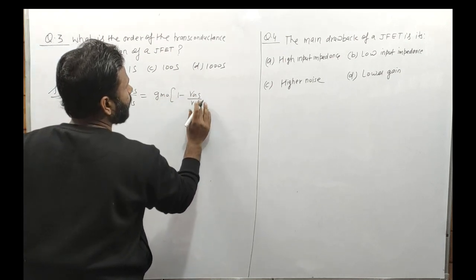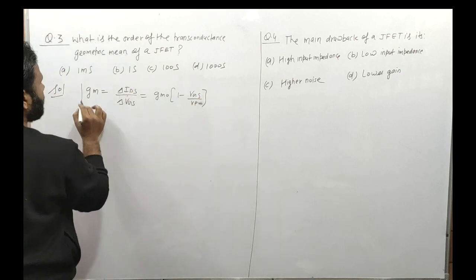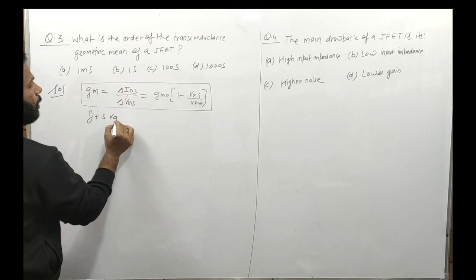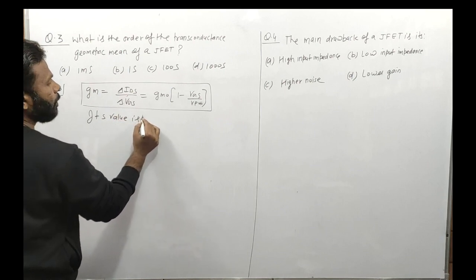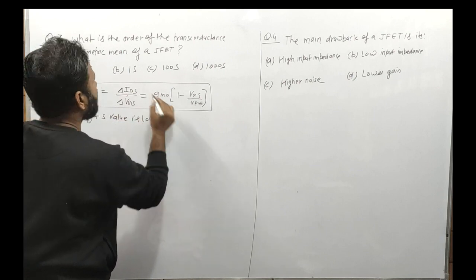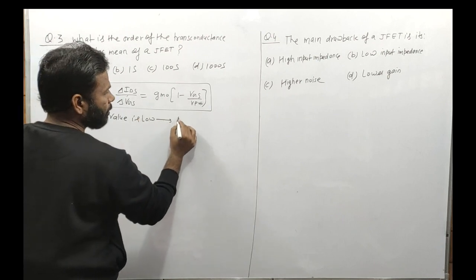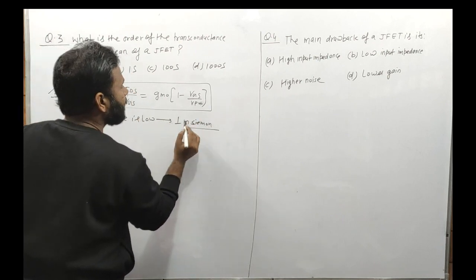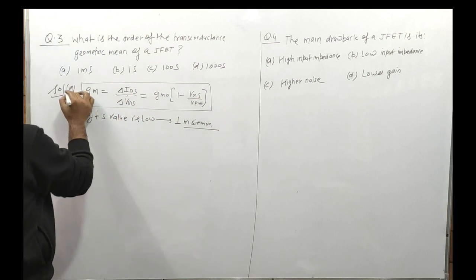That is the formula related to transconductance of a JFET. Now its value is low, and it is of the order of millisiemen, so it is 1 millisiemen. क्लियर है यहाँ तक. सो इस क्वेश्चन का जो करेक्ट आंसर होगा वो A बिल्कुल करेक्ट होगा.